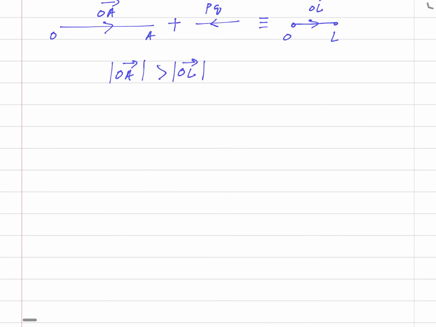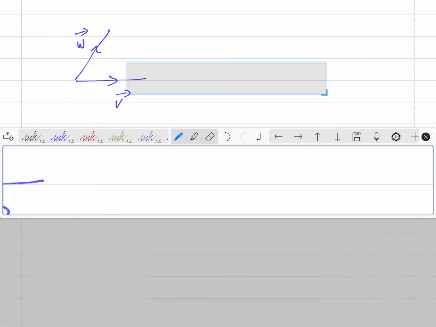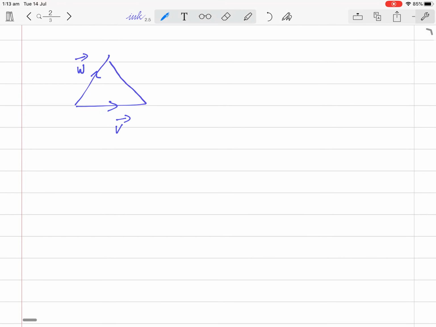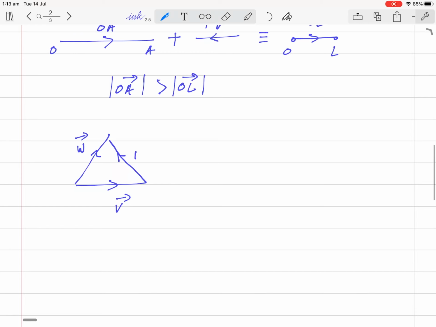Now, if we have a few arbitrary vectors like this, one vector is V, the other vector is W, and then there is another vector that goes in that way, you can call it R. So this is a vector triangle. So this is a starting point O, I can say AB.